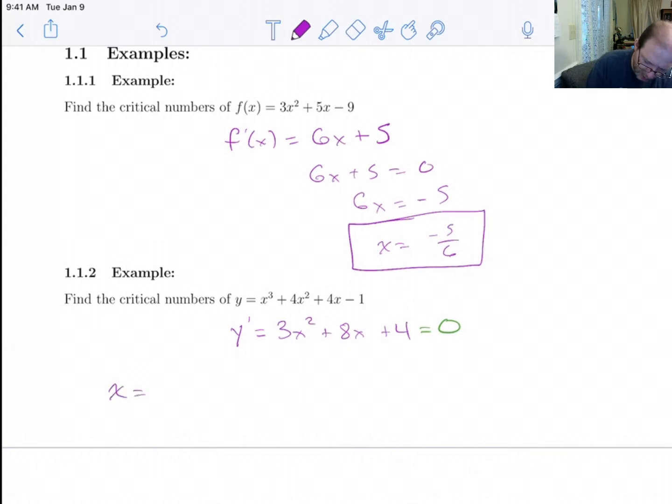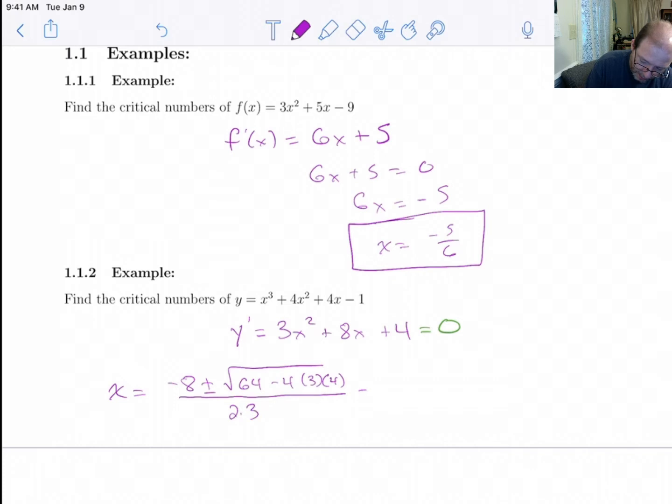X is going to be minus 8 plus or minus the square root of 8 squared minus 4 times a times c, all over 2a. So let's see, that's 64 minus, let's see, that's 48.